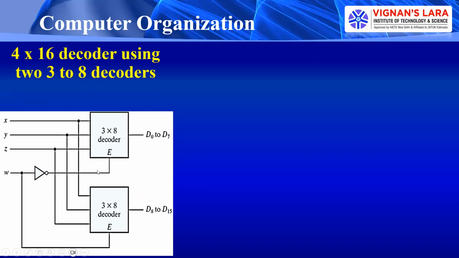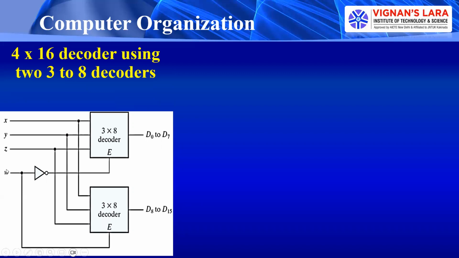If you observe the previous truth table, out of the 4 variables W, X, Y, Z, W is consistently 0 for the first 8 combinations, that is for D0 to D7 selection, and W is 1 for the remaining 8 output signals selection, that is D8 to D15.